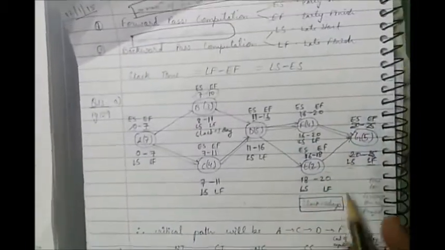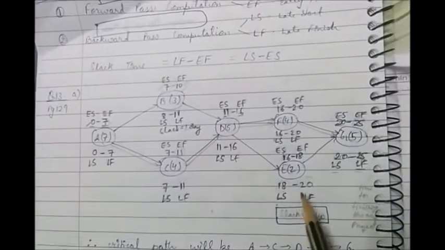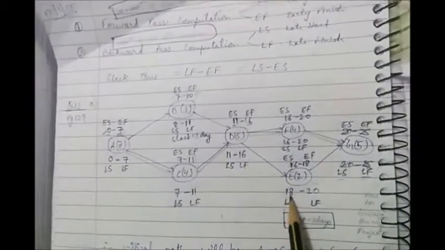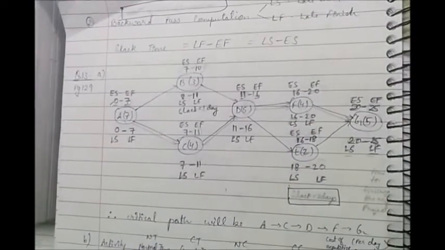Now again we have a catch. Here we see that E late start is 18, late finish is 20. F late start is 16, late finish is 20.